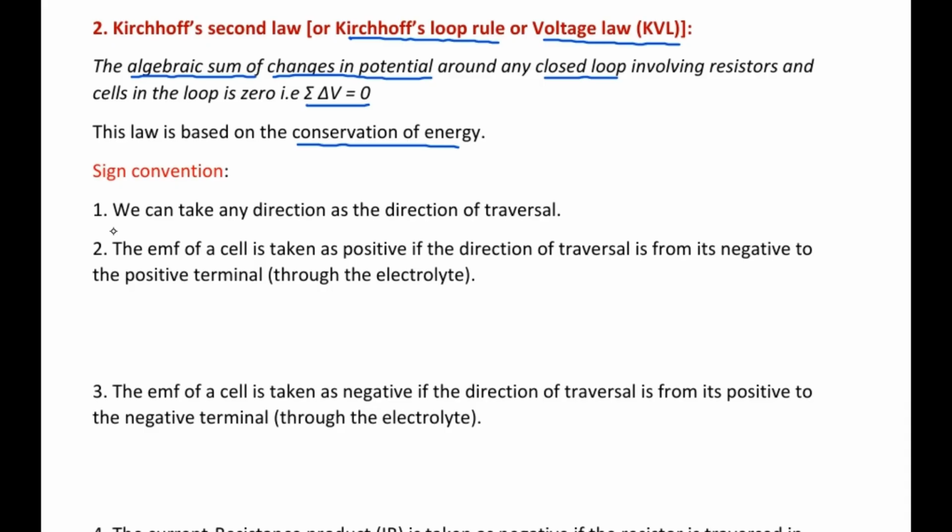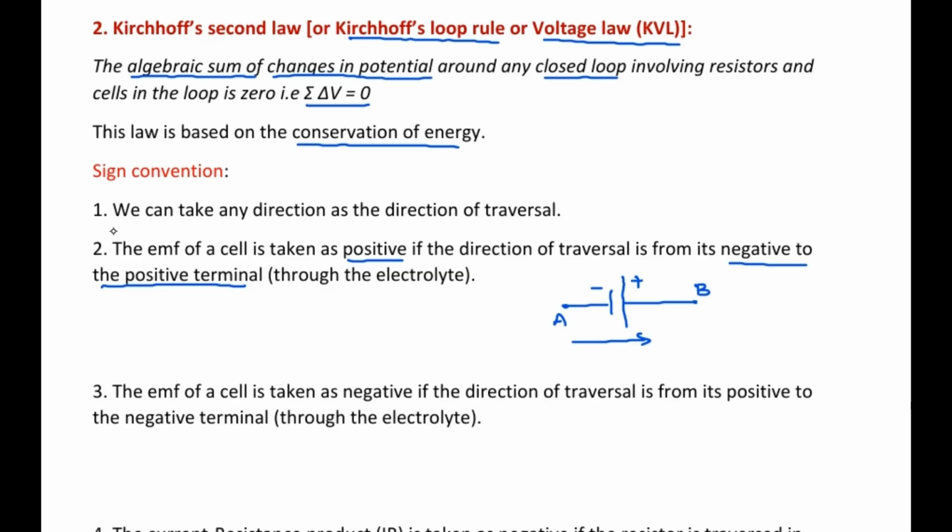The EMF of a cell is taken as positive if the direction of traversal is from its negative to positive terminal. That means if you are taking this is a cell, negative and positive terminal, if we are traveling from negative to positive terminal through the electrolyte, assume that point A is connected to the negative terminal, point B is connected to the positive terminal.